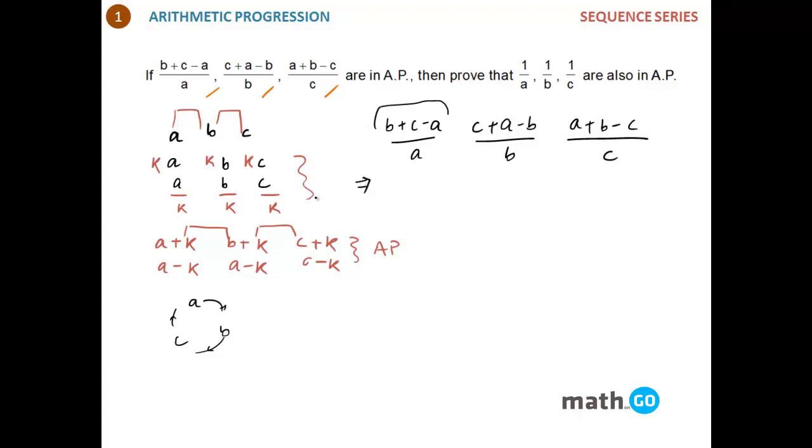Now let us see how we apply this particular thing that we just did here in this question. We want to prove by using this that these are in AP. We want to prove that 1 by A, 1 by B, 1 by C are also in AP. So our target is to make 1 by A here, 1 by B here, 1 by C here. So let us see how we'll do that.